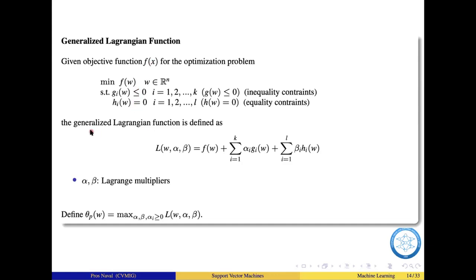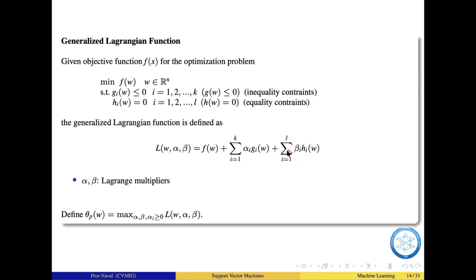Now we define the generalized Lagrangian function as f of w plus the summation of alpha_i g_i of w plus what we had before.